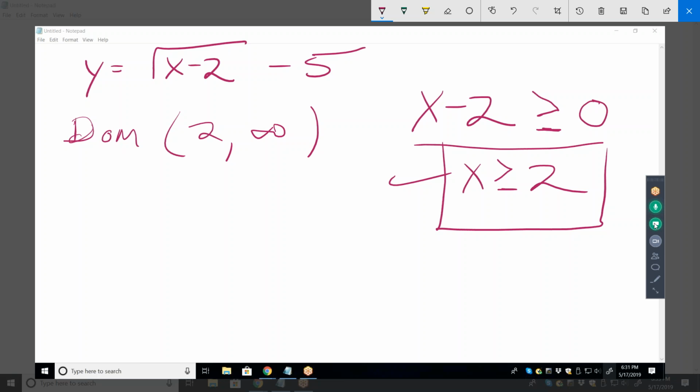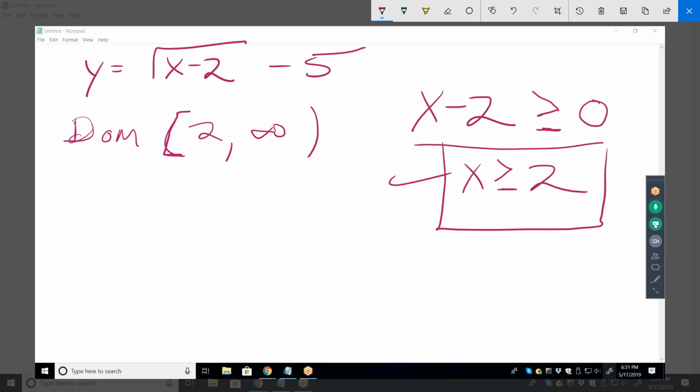We always use parentheses next to infinities, but what goes next to the 2 depends on whether it's greater than or greater than and equal. If it can be equal to 2, then we need a bracket. And in this case, it's perfectly fine that it can be equal to 2.